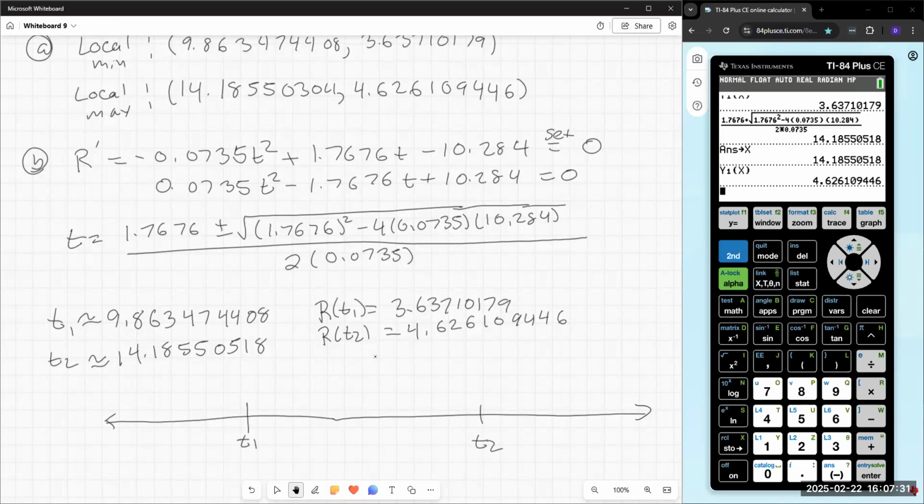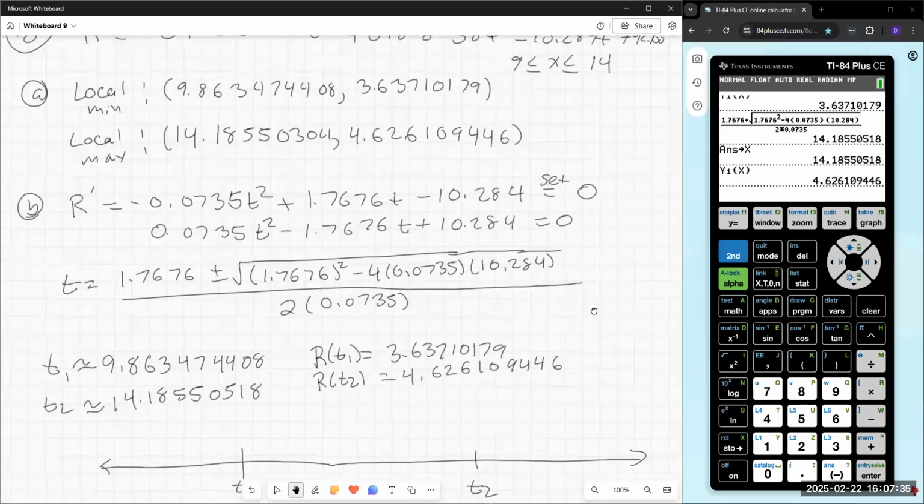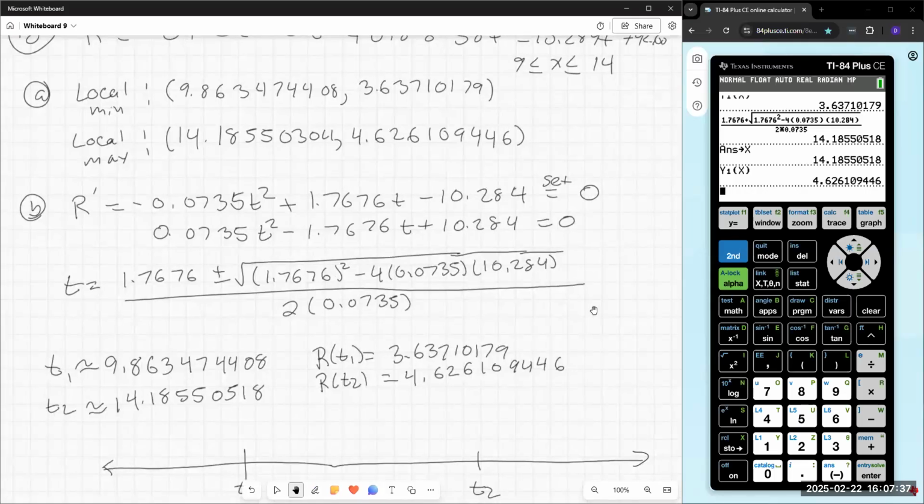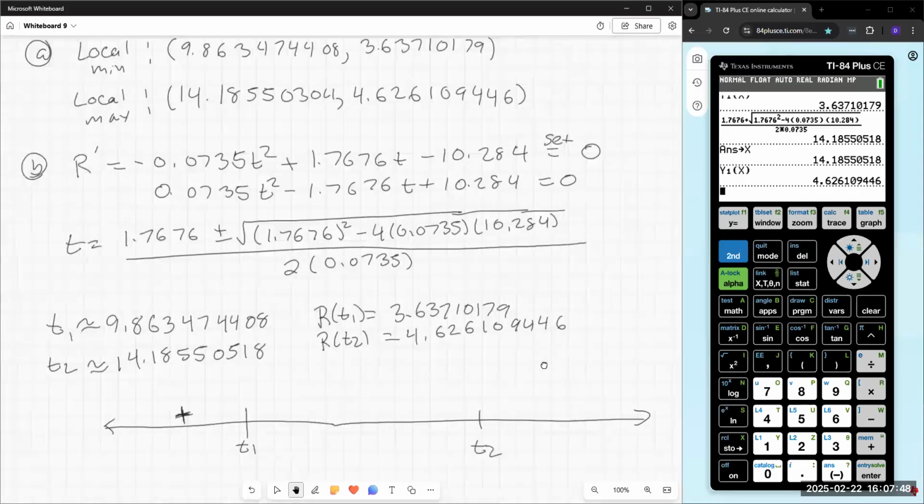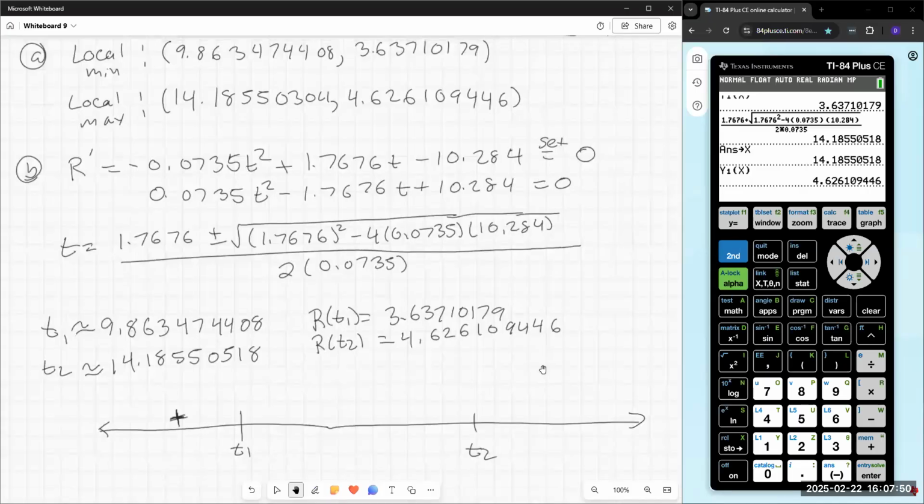Picking something less than T1, like 0, will give me this positive value over here. And then if I stick in something between 9 and 14, let's go with 10.